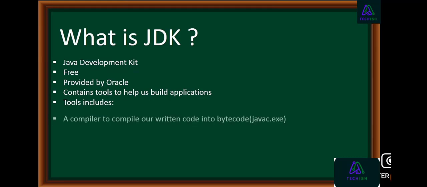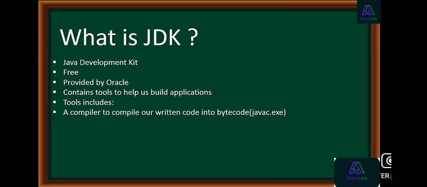a compiler. A compiler basically helps us to compile our written Java code. The compiler is known as Javac, which is the Java compiler. It also consists of an archiver, which helps us to package and distribute our Java files.